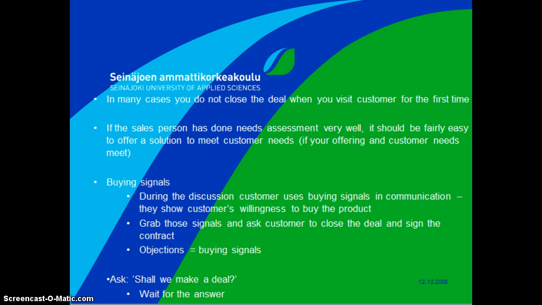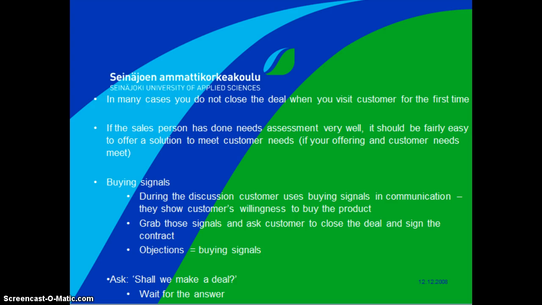As we have discussed earlier in the class, this might be a long process. So when you call the customer or when you visit the customer the first time, in many cases that's not the stage where you close the deal. So you might be meeting the customer several times.